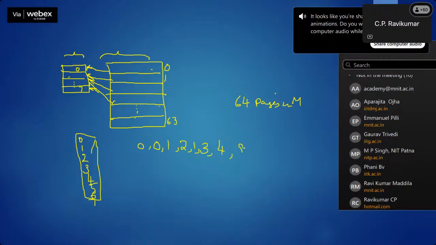Then there may be an access to page number 8. Okay, this page is not there in the cache, so we have to bring it from the memory. So this is called a miss. These were all hits because we already had these pages.